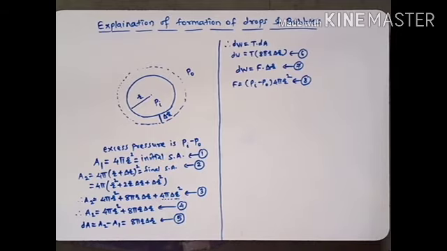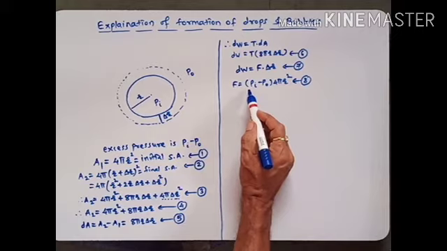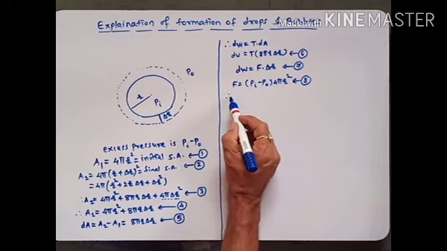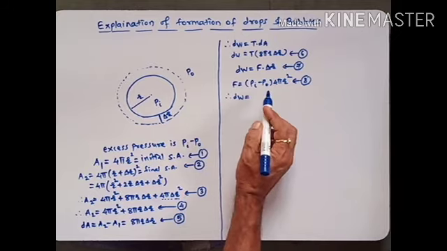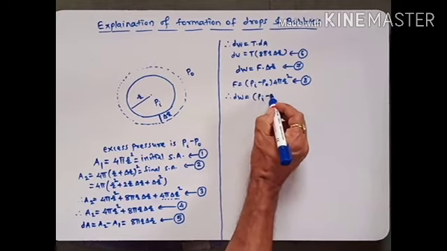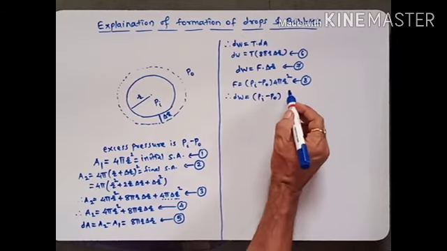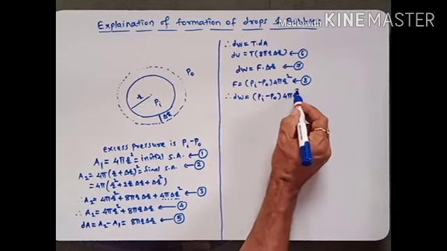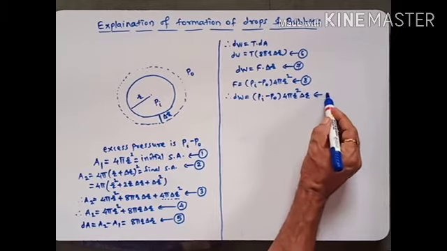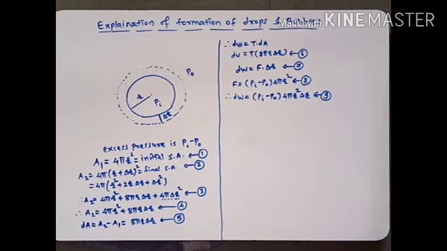Now we equate, that is, we put the value of force from equation 8 in equation 7, and therefore we get here dW is equal to Pi minus Po into 4 pi r square into this delta r as it is. Suppose this is equation number 9.